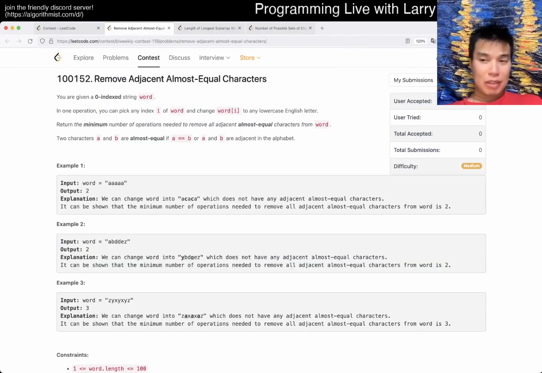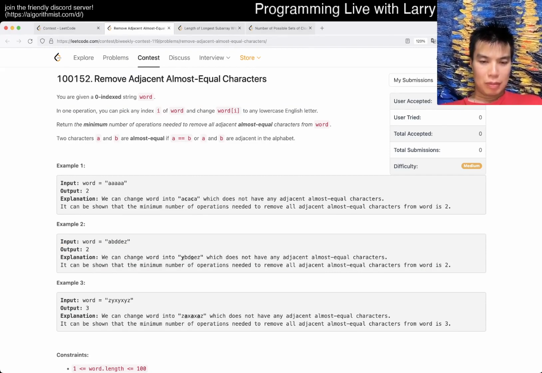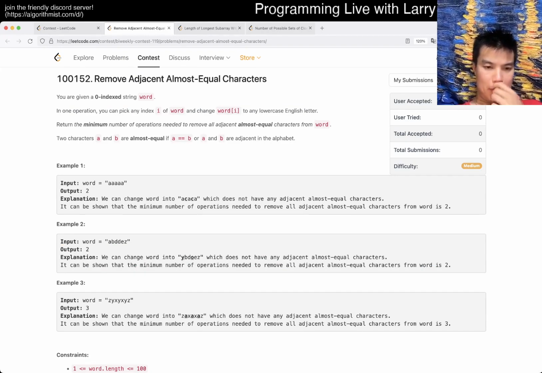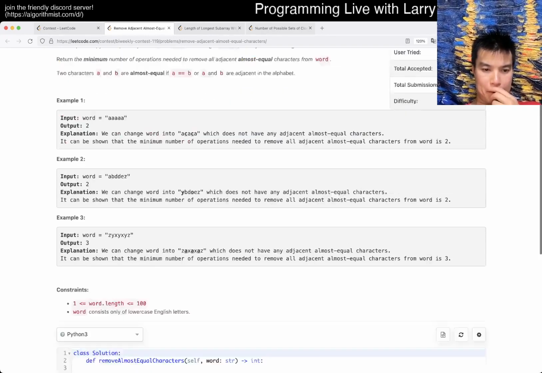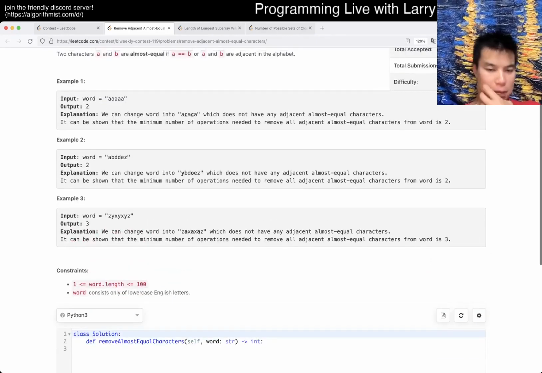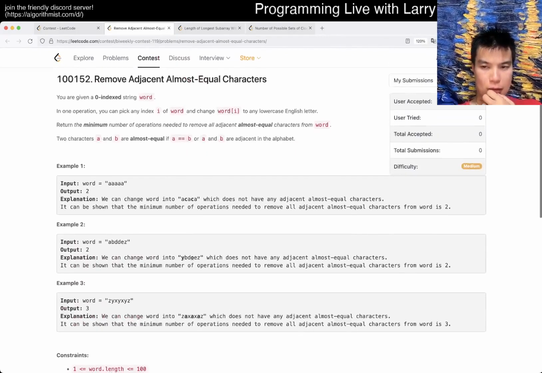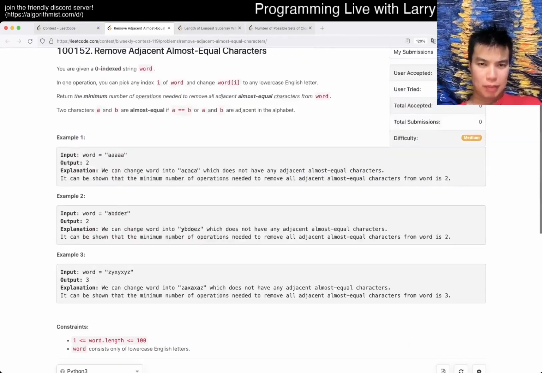But all right, Q2, slow, but let's do it. Lowercase. Remove all adjacent almost equal. Okay. Oh, it's only 100. Can that change anything? It's a DP.